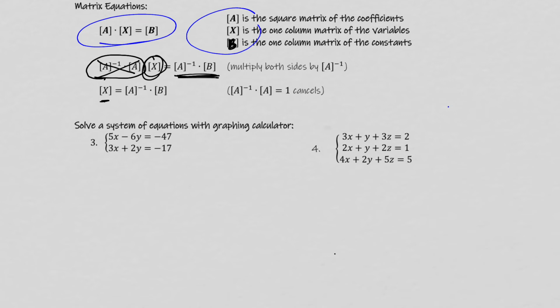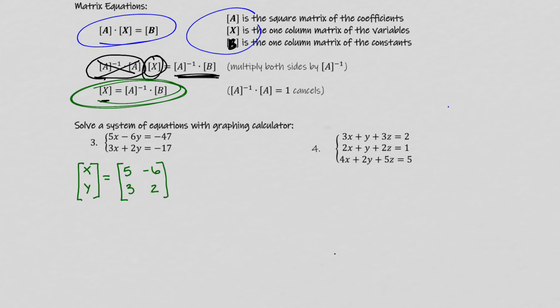So if I write the number 3, and I'm going to use this format here, it wants matrix X, which is the variables, X and Y, to equal matrix A, which was the coefficients, 5, -6, 3, and 2. And it wants the inverse of matrix A, so I'm going to put that -1 power.